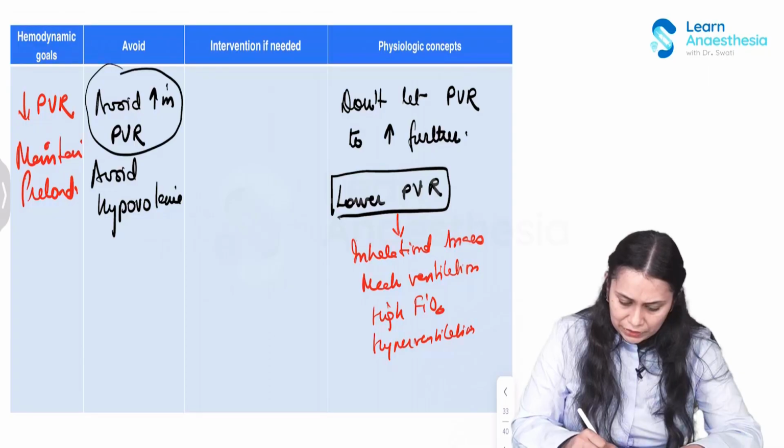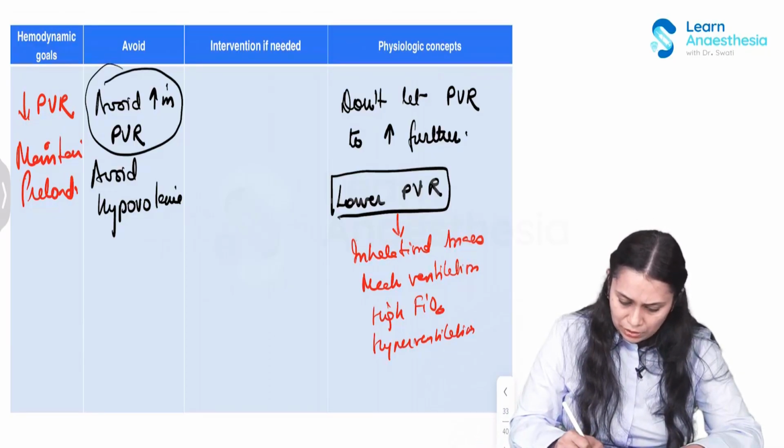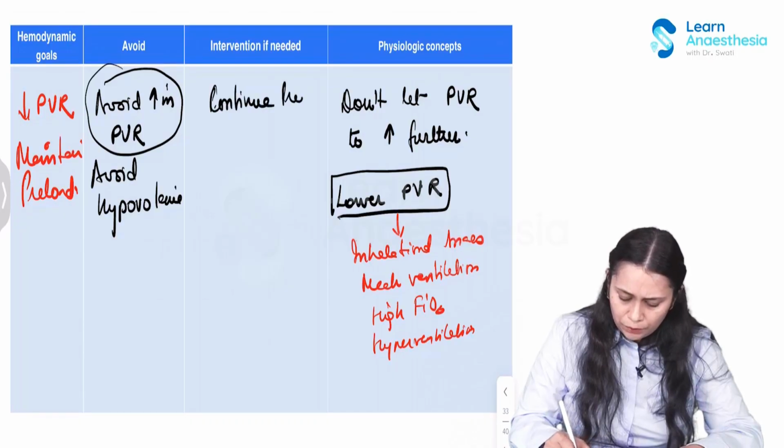So what are the interventions which could be done? Avoid increase in PVR. We continue the pre-op medication which is used to decrease PVR.